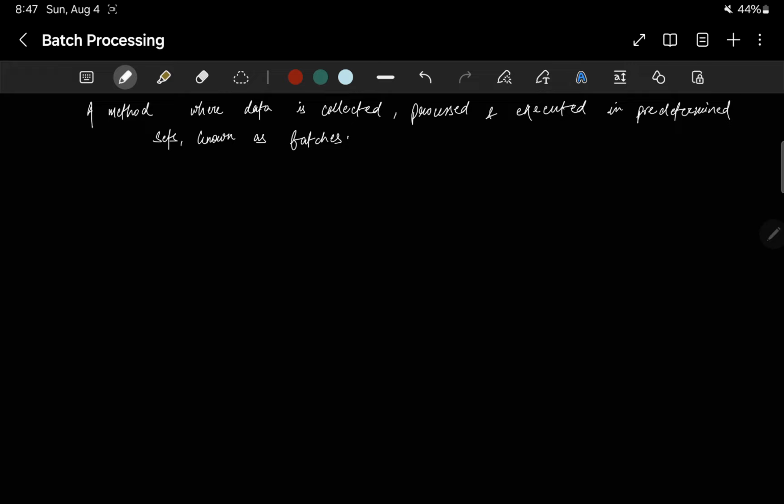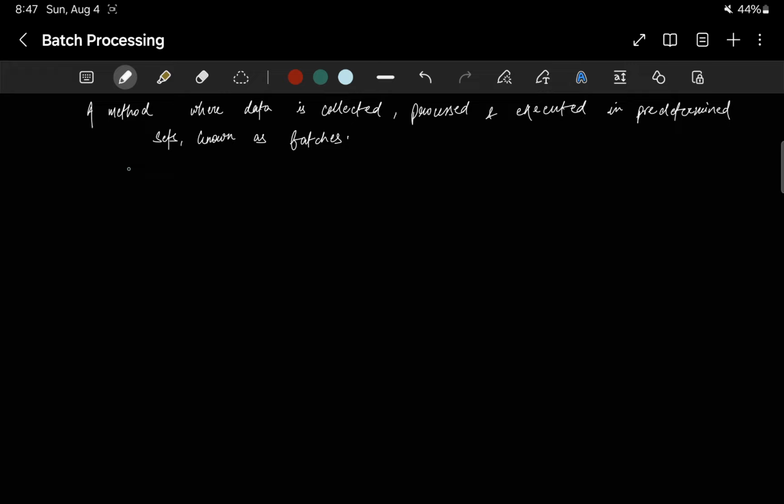Okay. So basically, the data is collected, as I told you before, and once the data is gathered and the predetermined set size is reached, it forms a batch, and then batches are sent for processing.